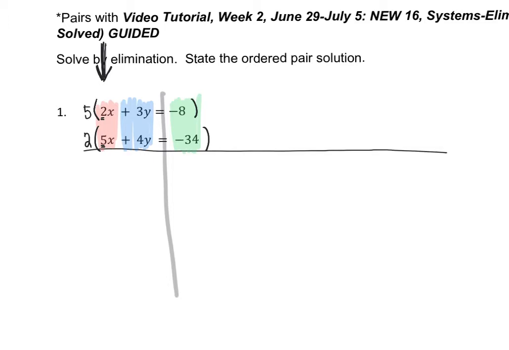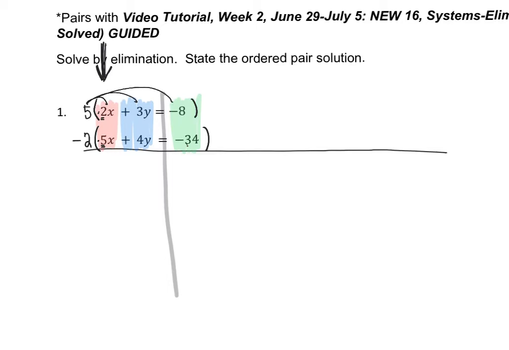Now, see how they're both positive? They both don't have a sign. I need to make one of them negative. So I'm going to multiply the bottom one by a negative. Now, you could have multiplied the top one by a negative. The reason I multiplied the bottom one by a negative was because of this big negative 34 here. But again, it's really up to you. So I'm going to multiply this, this, and this.